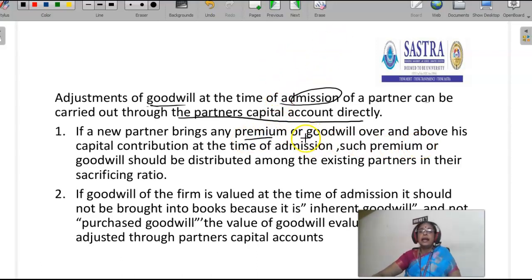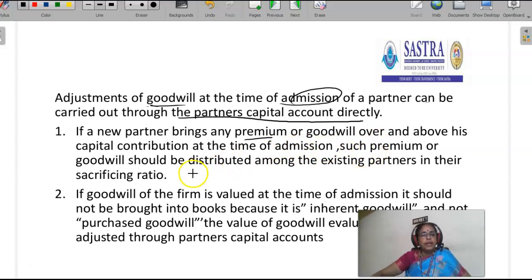He has to bring cash for goodwill because, at the admission of a new partner, the old partners have to sacrifice some of their profit. For compensating that sacrifice made by the old partners, the new partner should bring some amount for goodwill. That amount is called premium.